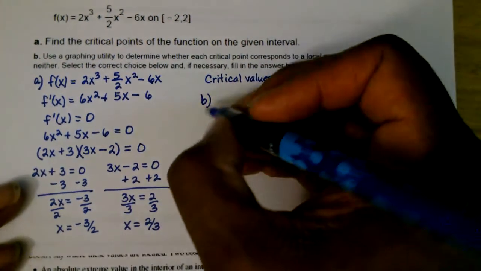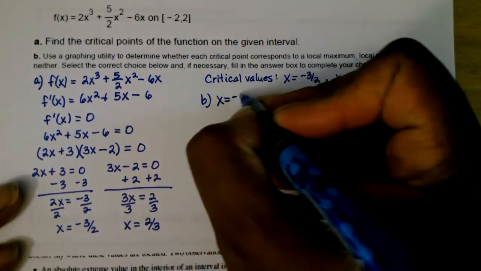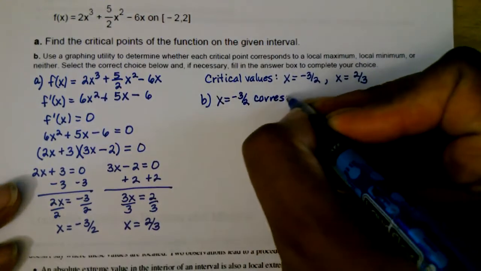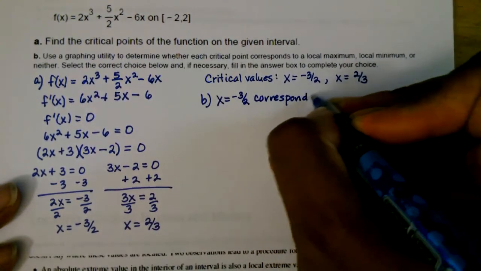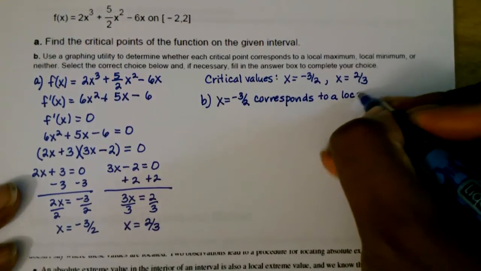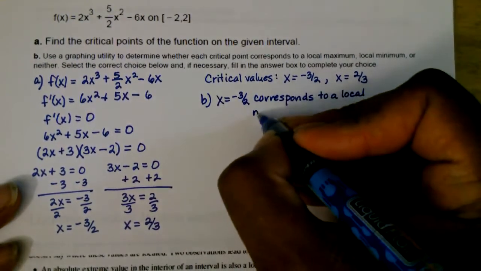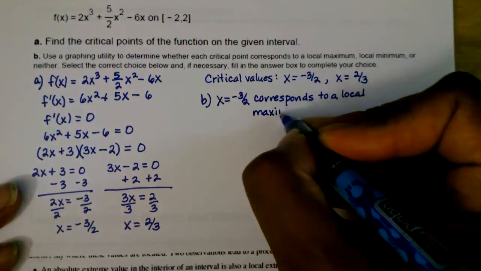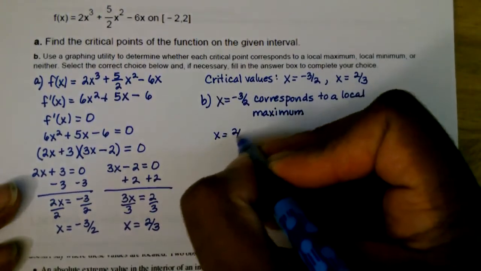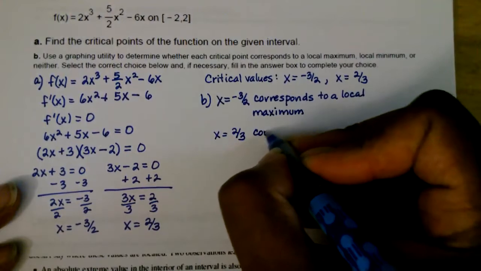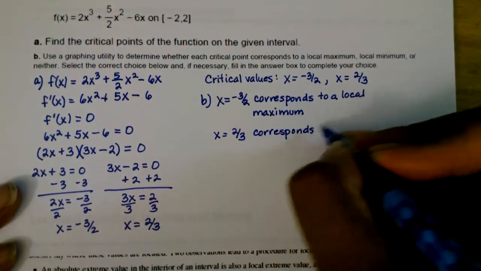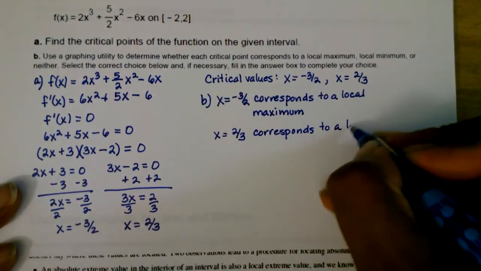So that means here, x is equal to -3/2 will correspond to a local maximum. Now for x is equal to 2/3, it's going to correspond to a local minimum.